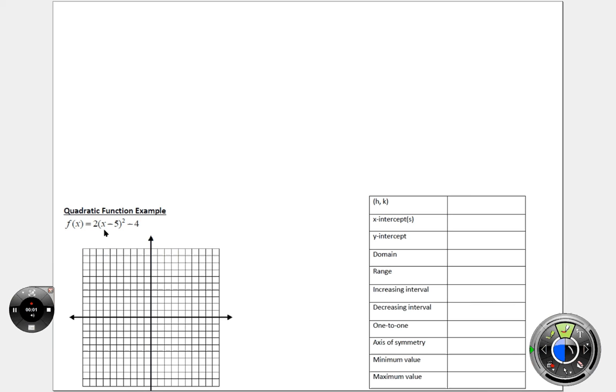Problem. So if you are taking your own notes, that's f of x equals 2(x minus 5) squared and then minus 4.